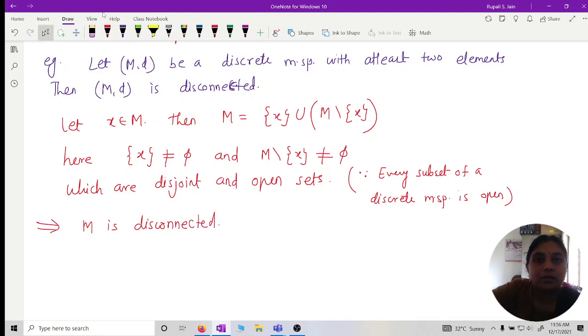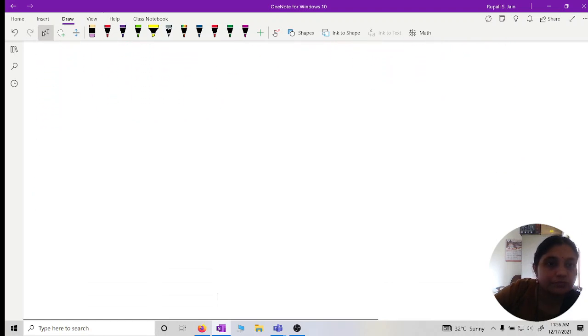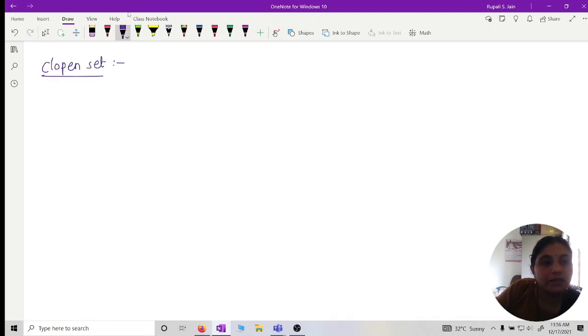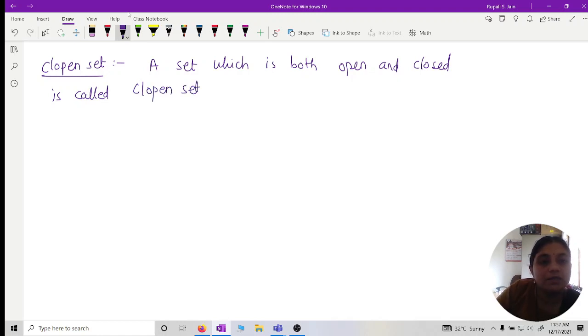Now we define a clopen set. A set which is both open and closed is called a clopen set: closed as well as open.